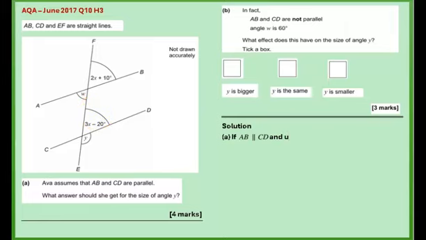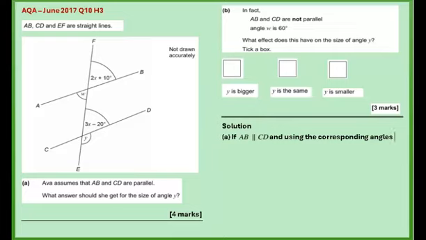So we make the equation, and that's going to give us the value of x, because we need x in order to find in the end the value of y.